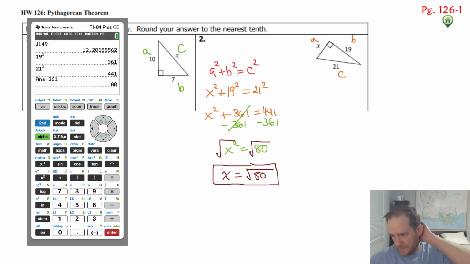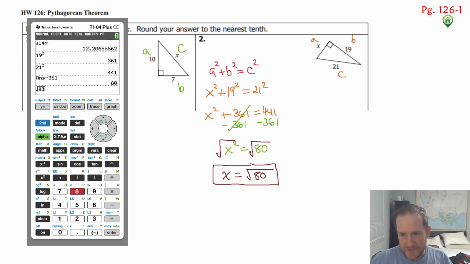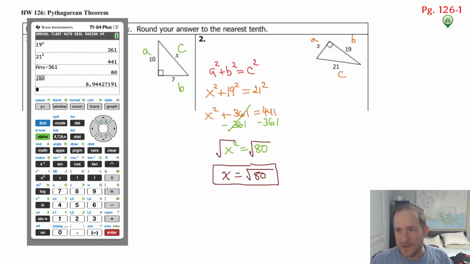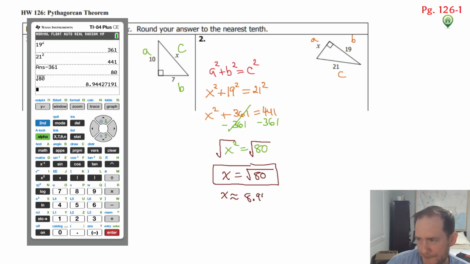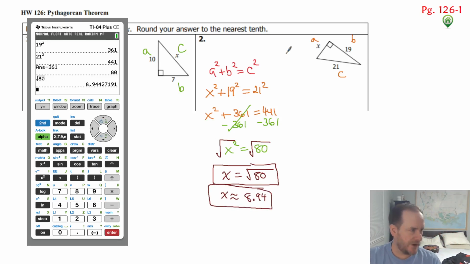Or if you really, really want to, then you can use a calculator and figure out what the square root of 80 is. It should be 8.94. And again, you would say x is approximately 8.94. So either answer is okay. Next one.